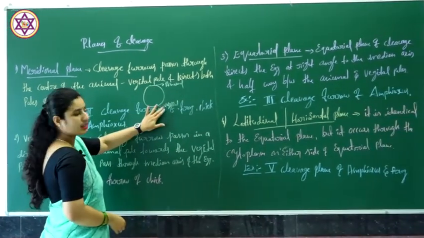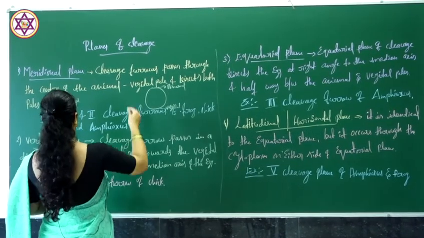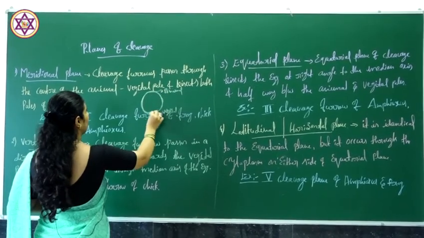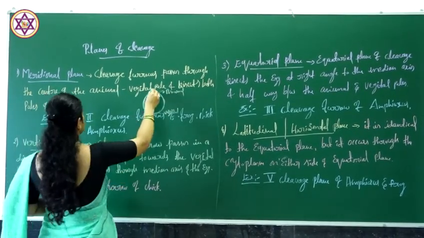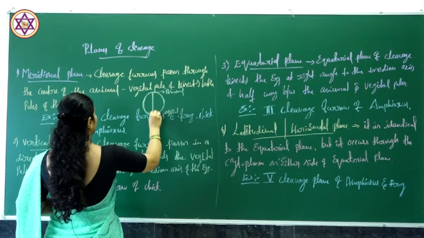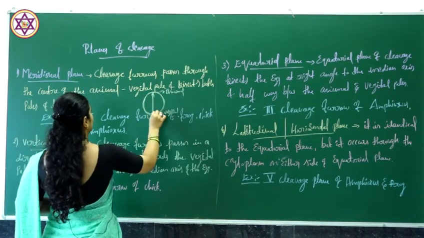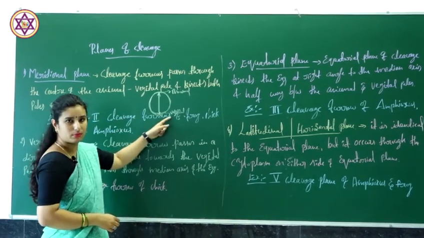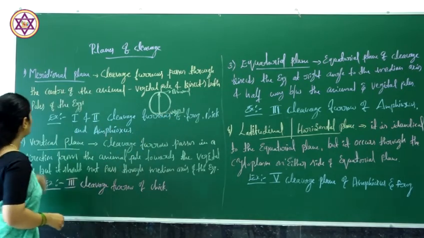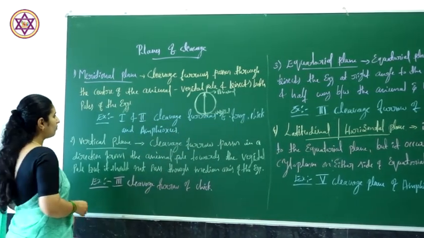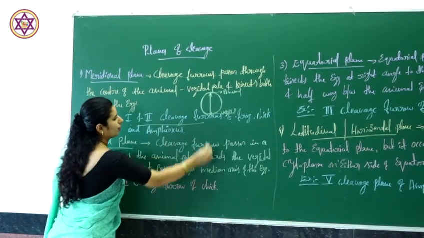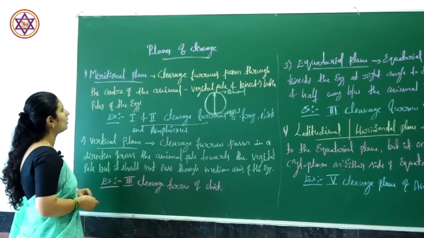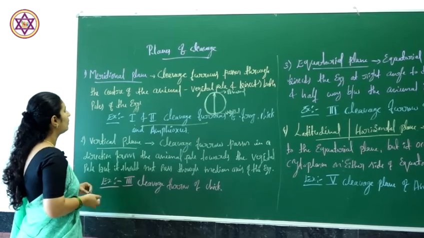In the meridional plane, the cleavage furrow passes through the center of the animal pole and the vegetal pole. It bisects both poles of the egg. An example for this is the first and second cleavage furrows of frog, chick and Amphioxus. This is about the meridional plane.